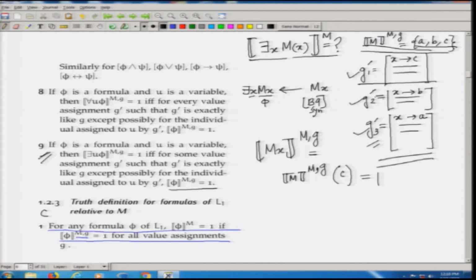Since this is 1, we can say that. So we need not check other value assignments. Once again, here the checking is very easy, because by checking 1 we have checked all. So we are satisfied because the first case satisfied us. We need not go to the second, third and fourth case, but just by satisfying the first case, we have satisfied all other cases.